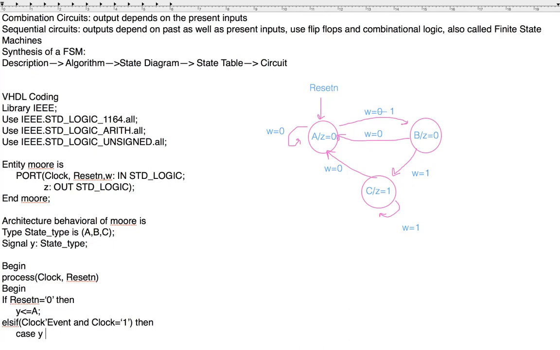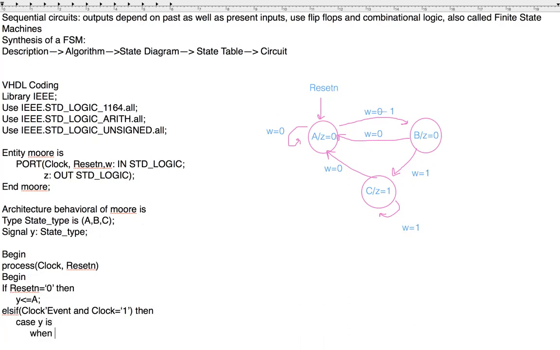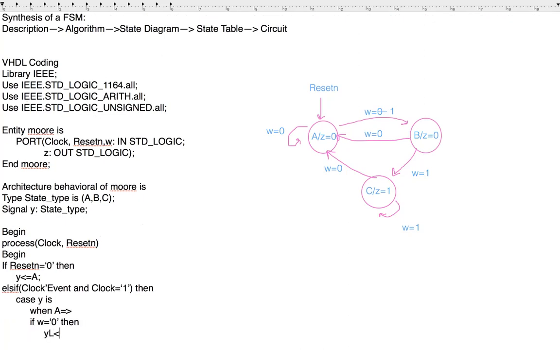Case y is, when A, if W is equal to 0, then y is set equal to A, else y will be B.